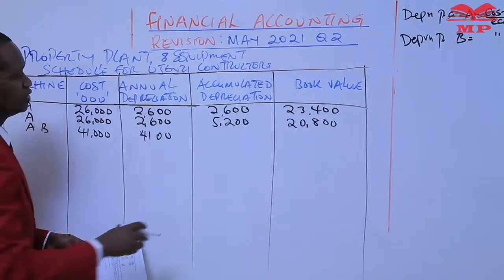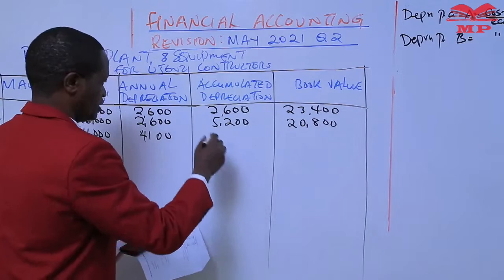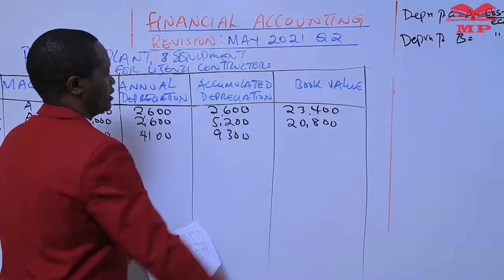So the total accumulated depreciation is 9.3 million.